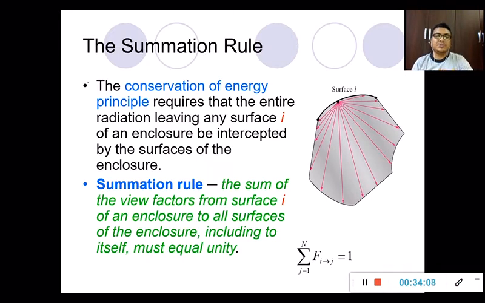For the summation rule, the conservation of energy principle requires that the entire radiation leaving any surface I of an enclosure be intercepted by the surfaces of the enclosure. The summation rule is the sum of the view factors from surface I of an enclosure to all surfaces of the enclosure, including to itself, which must equal unity.